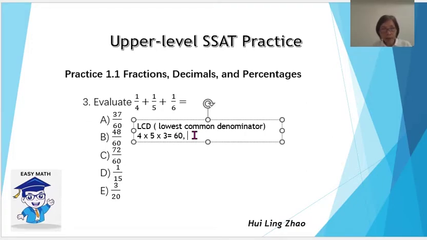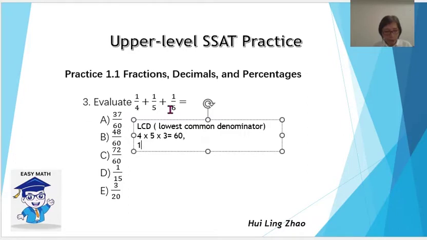This is the LCD. Okay, so for the 3 terms, number 1 is 1/4, number 2 is 1/5, and number 3 is 1/6. So we make the same denominator. For the first term, we use 60, right?